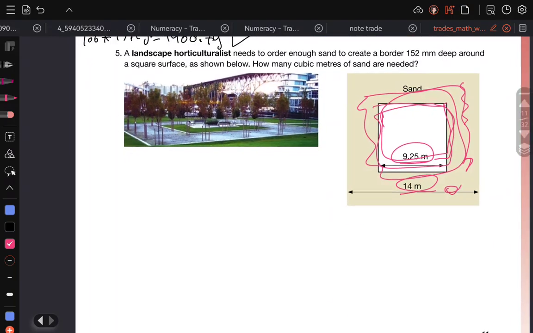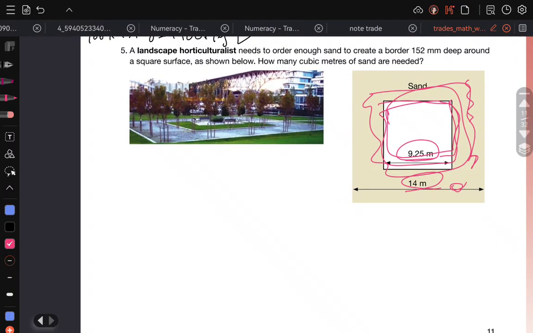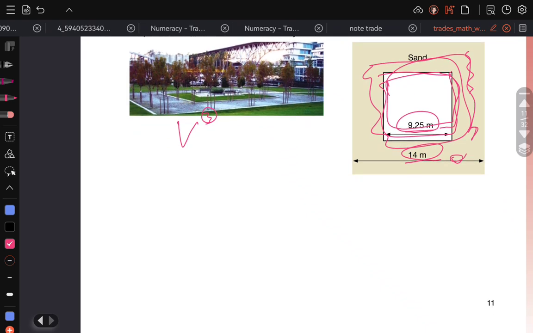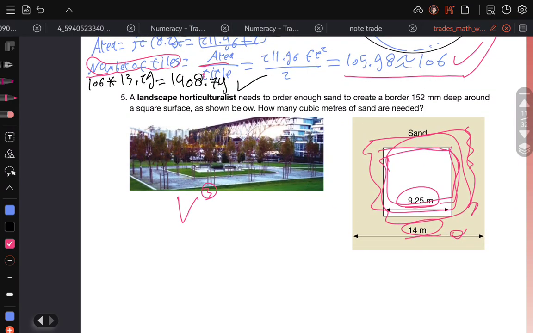So what should we find? We need to find the volume of the sand in cubic meters. Okay, now let's solve it step by step. First one, as always, area.